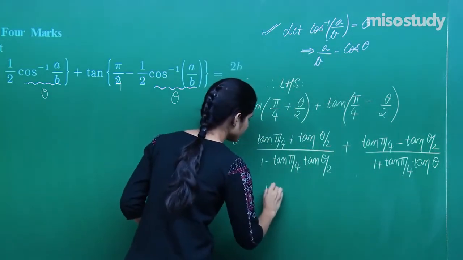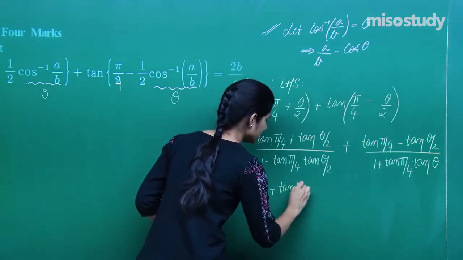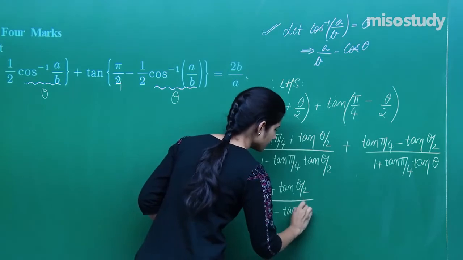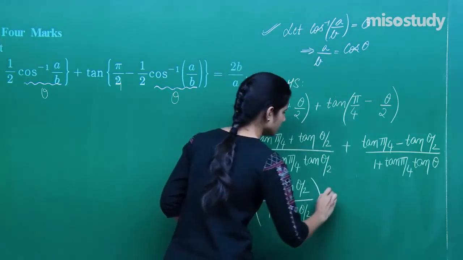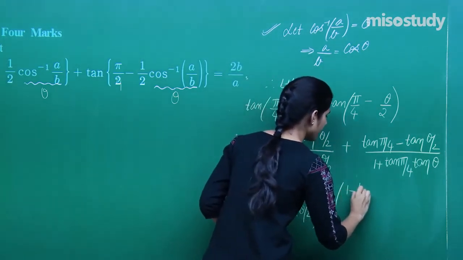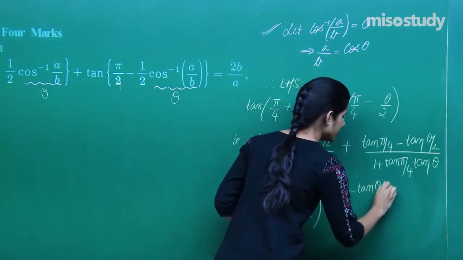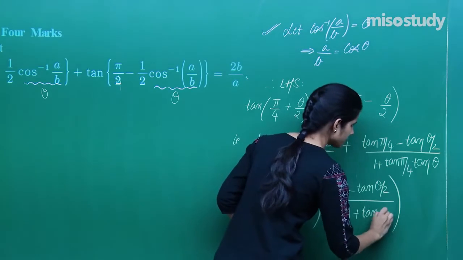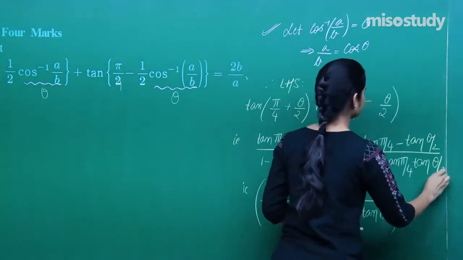So, simplify this, you get 1 plus tan theta by 2 whole upon 1 minus tan theta by 2 plus 1 minus tan theta by 2 whole upon 1 plus tan theta by 2.